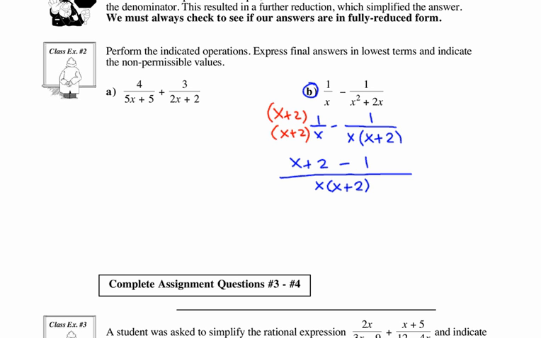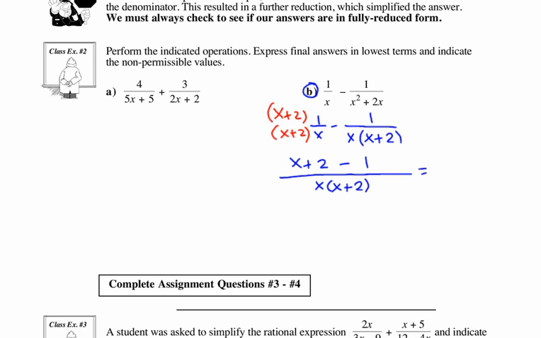Now, if this was a binomial, or a trinomial, or there's more than one thing here, because it's subtraction, we have to be careful. Like what if this was 2x minus 5? You'd need brackets. Do you need brackets because it's a monomial? No, because it's only applying to just that one, so you're not going to make a mistake.